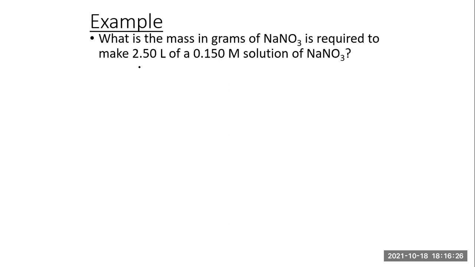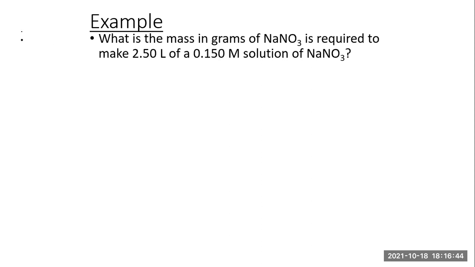What is the mass in grams of sodium nitrate that's required to make 2.5 liters of a 0.15 molar solution of sodium nitrate? I'm going to give you some numbers that might be helpful.